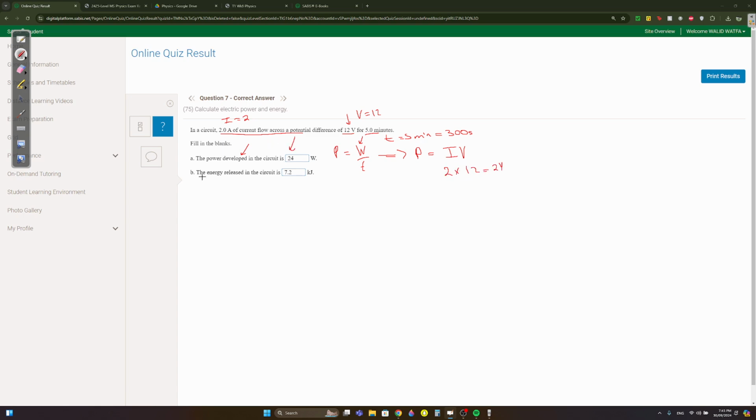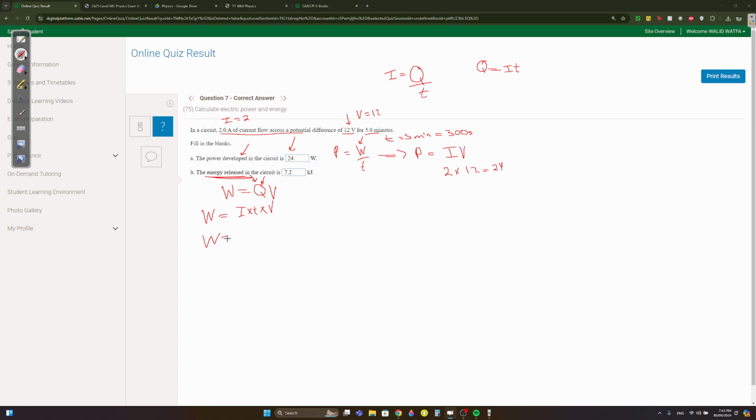What is the energy? They want W, which equals Q times V. Do we have Q? No. We know I equals Q divided by T, so Q is equal to IT. I can replace Q by I times T times V. Do I have I, T, and V? Yes.